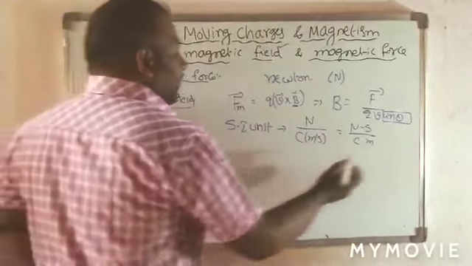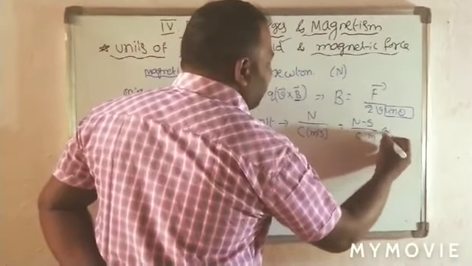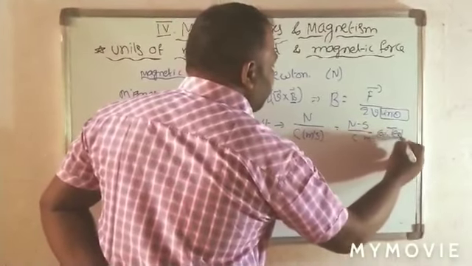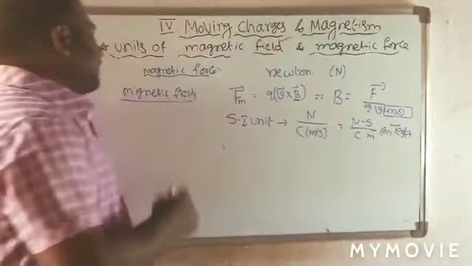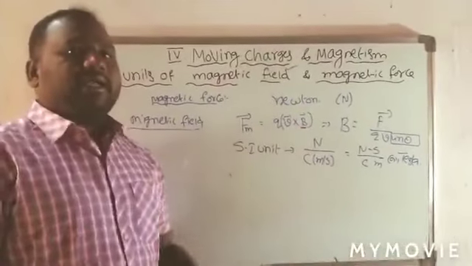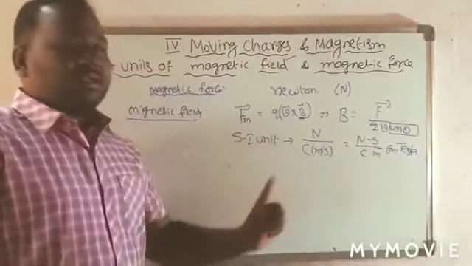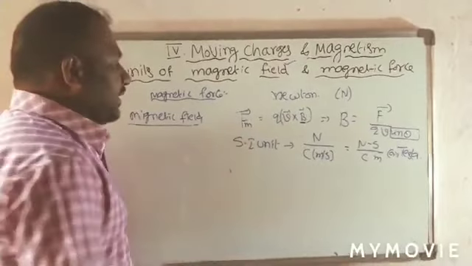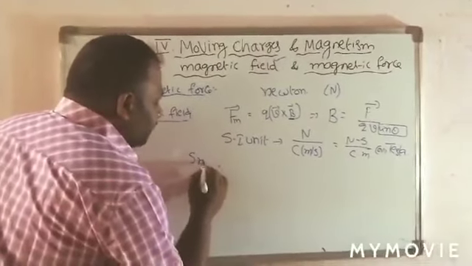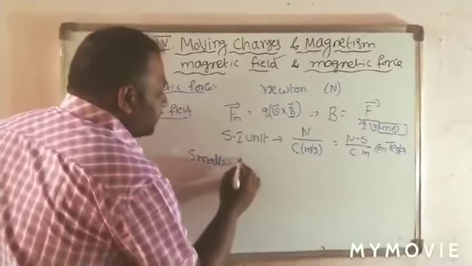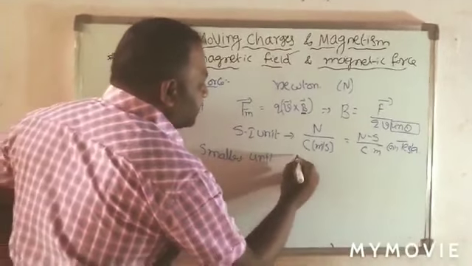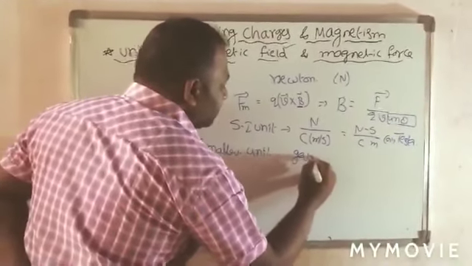But we have a term for that, which is Tesla. The SI unit of the magnetic field is Tesla, and there is a smaller unit as well. The smaller unit is Gauss.